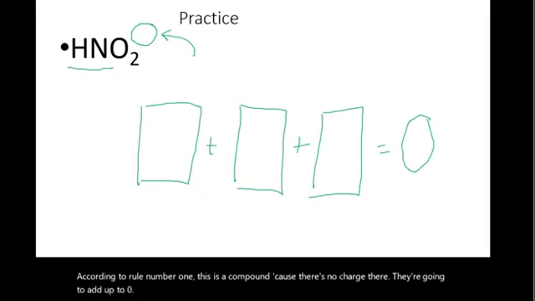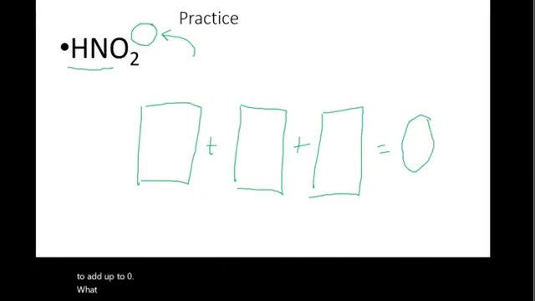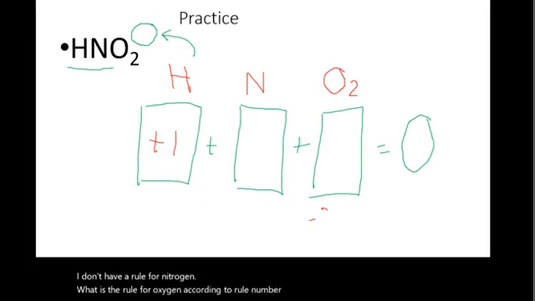All right? What is the rule for hydrogen? Rule number 4 says hydrogen is a +1. What is the rule for nitrogen? I don't have a rule for nitrogen. What is the rule for oxygen? According to rule number 5, oxygen is a -2, and I've got 2 of them here.